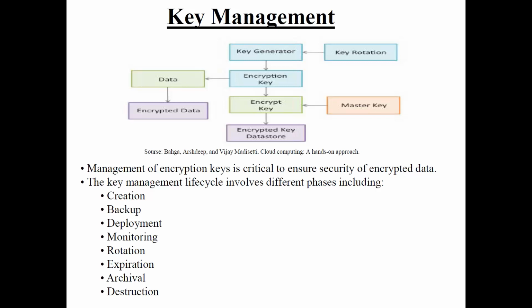Next is backup. Backup of the keys must be made before putting them into production, because in the event of loss of a key, all encrypted data can become useless. Third is the deployment phase. In this, a new key is deployed for encrypting data, and deployment involves rekeying the existing data also.